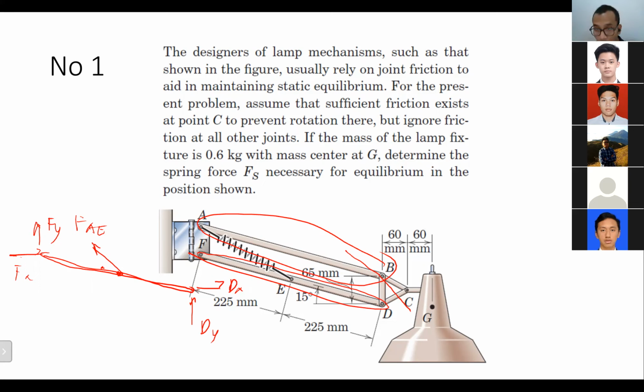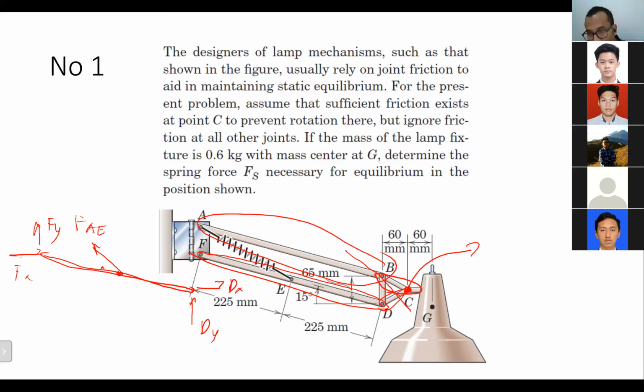Oh yeah, sorry, one more thing. DC is a non-two-force member, the same as BC. BC is not a two-force member because at point C here there is a friction, so there is a moment or the input there.